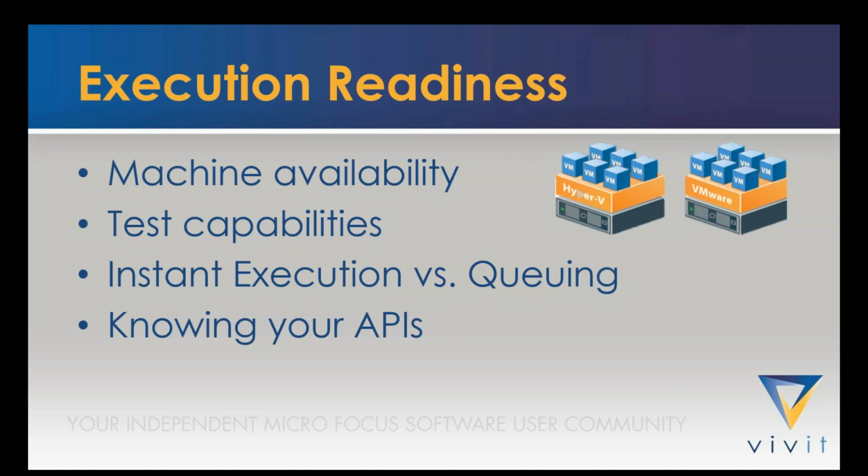Understanding your APIs, understanding how to remotely connect and interface with your tools, whether it's batch scripts, REST APIs, or other things, it is important. Think of it like this. I'm on a computer, can I kick off my test with a command of some sort or a trigger? If so, you're that much closer to being ready. Next.